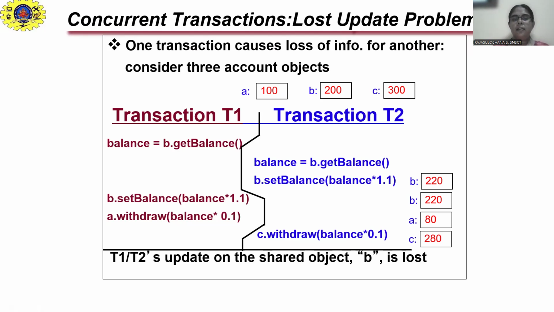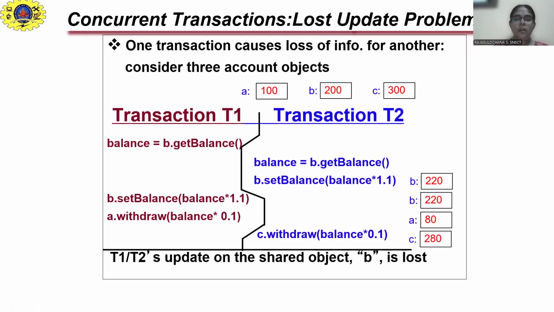Here, transaction T1 is updating the balance. It is obtaining the balance from account B and updating it. Now, transaction T2 reads the balance from the same account B, and when it sets the balance, it reads as 220.